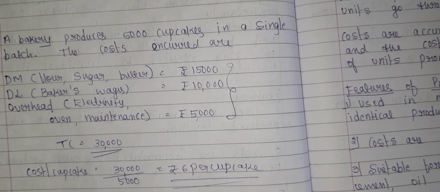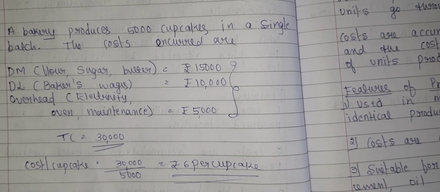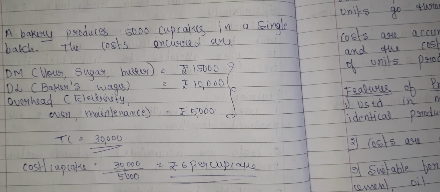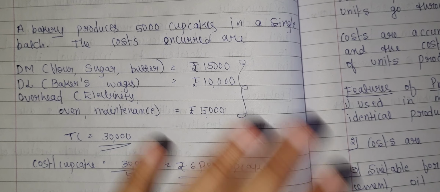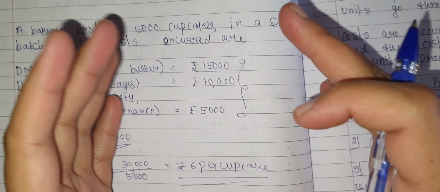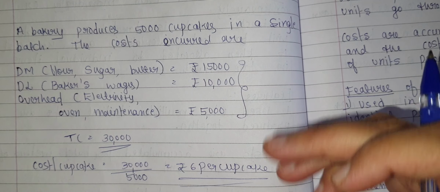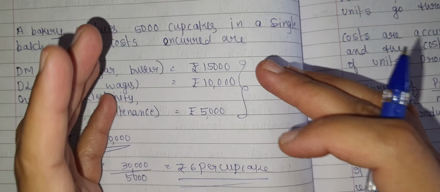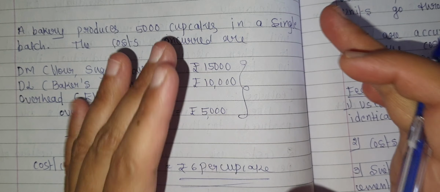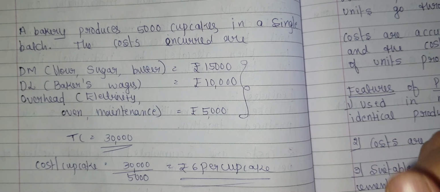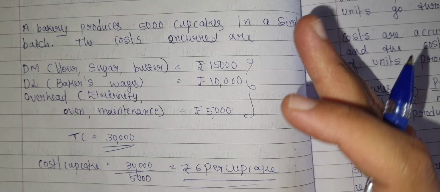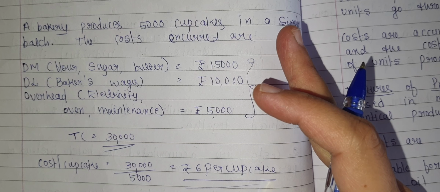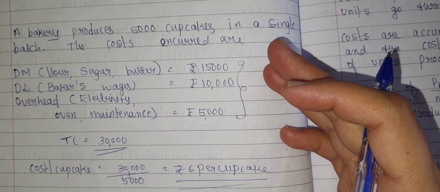Clear? In this way we need to calculate the cost per cupcake. And this batch costing helps businesses to determine the cost effectively when manufacturing products in batches, ensuring better pricing and cost control.